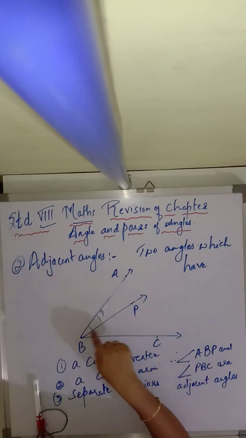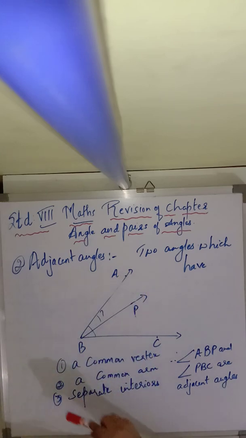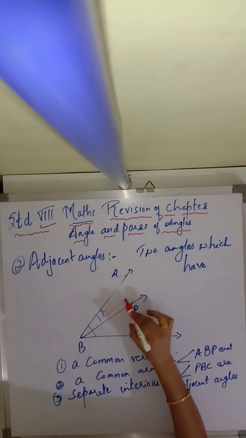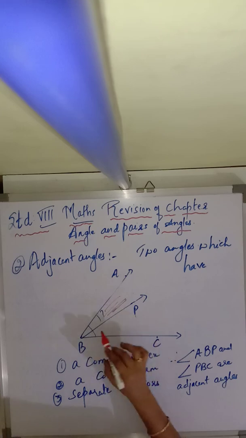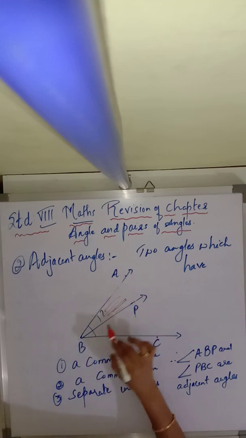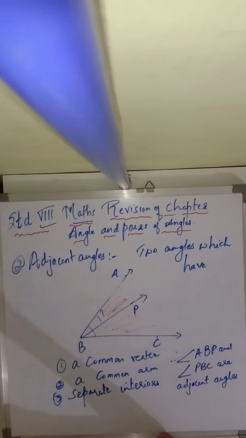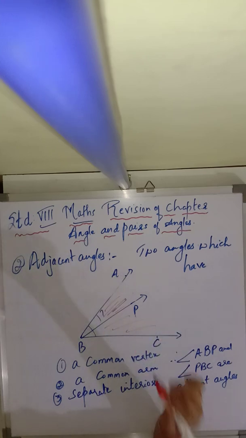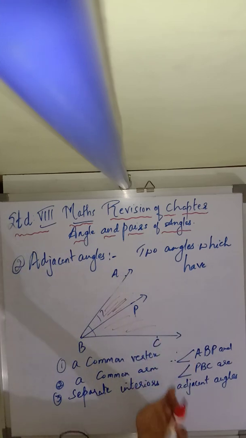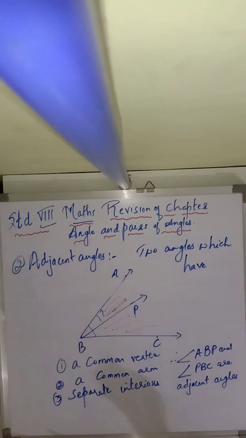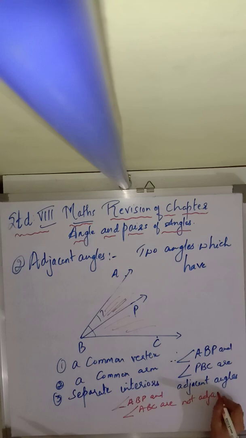Because the interior of ABP is this portion, and ABC includes this full interior. So the interiors are not separate. As per the condition, they should have separate interiors. So here angle ABP and angle ABC are not adjacent angles.